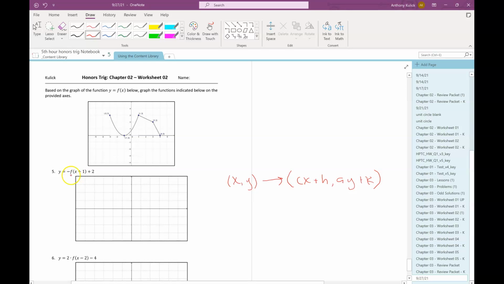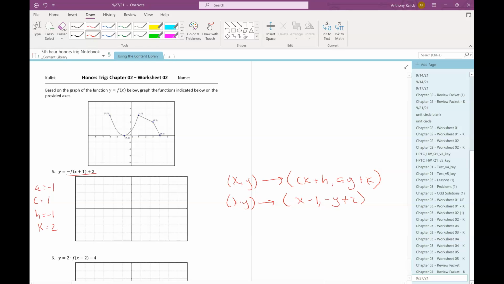So looking at this right here, A is negative 1, C is just 1, H is negative 1, and K is 2. We okay with how I came up with those? Yeah. Okay. So in this case, my transformation is x minus 1, negative y plus 2. Cool?